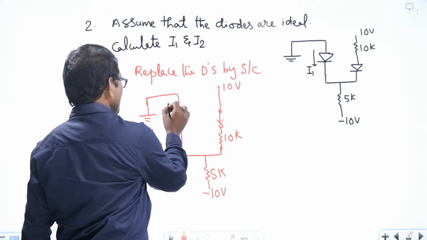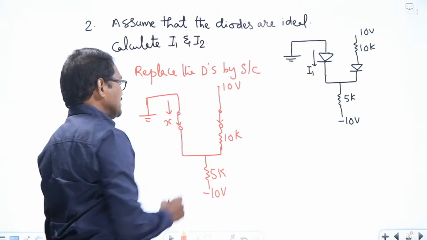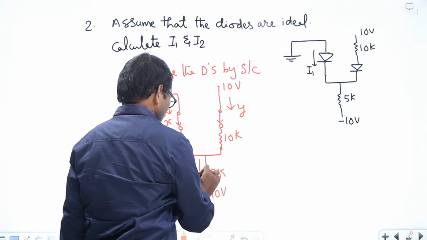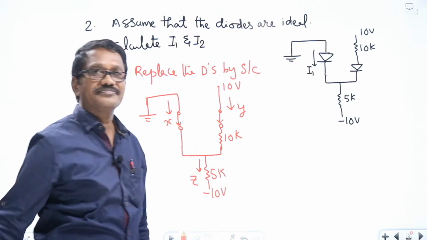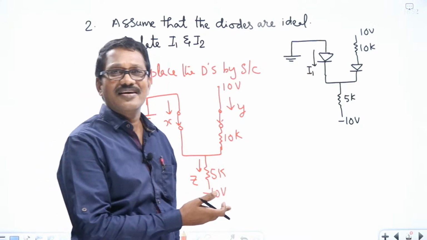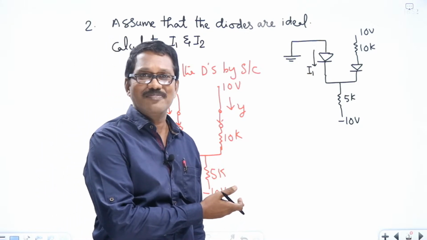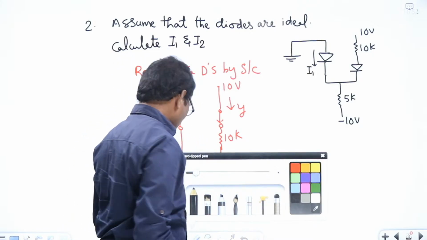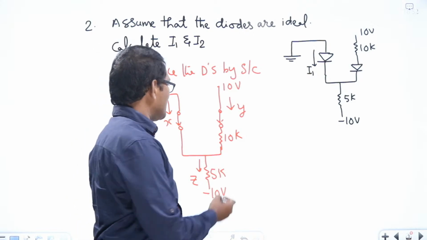So assume that the current through D1 is X and D2 is Y. This is Z. Right? So these questions are from previous IAS as well as GATE papers only.